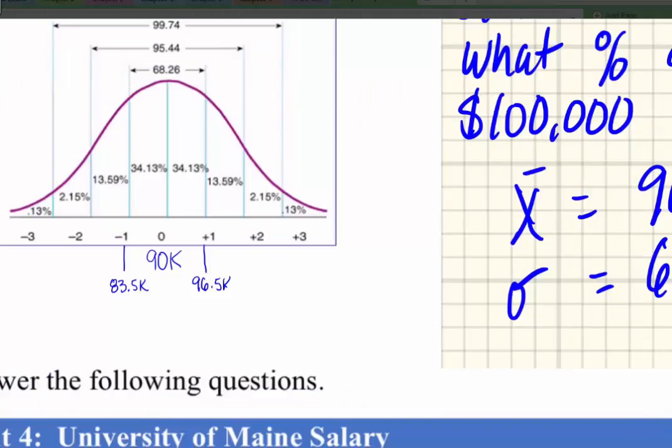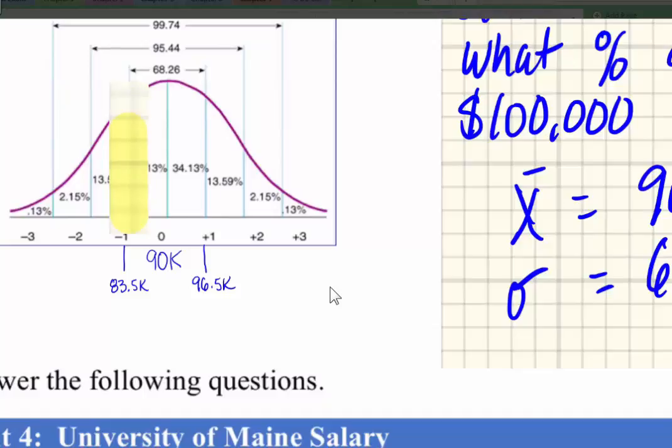So I just went ahead and wrote that down. I've got 90K in the middle here, and then I've got 83.5K to the left, because that should be 90,000 minus 6,500, and then 96.5 to the right. So we know right off the bat that 68% of the faculty members in group 2 earn between 83.5 and 96.5. Hold on, this is just too big here. I've got to erase that.